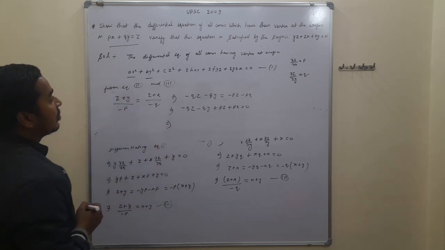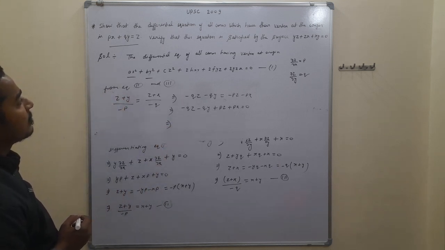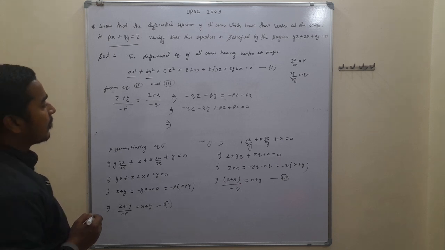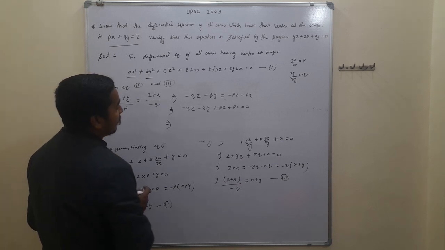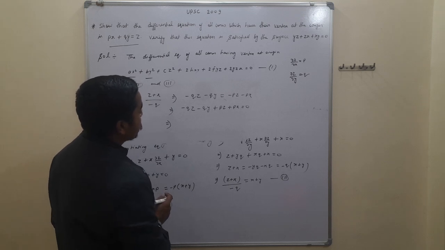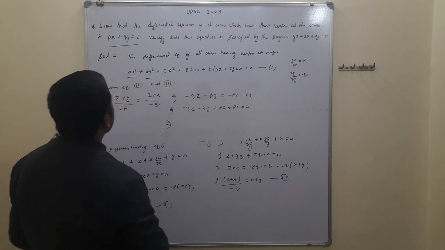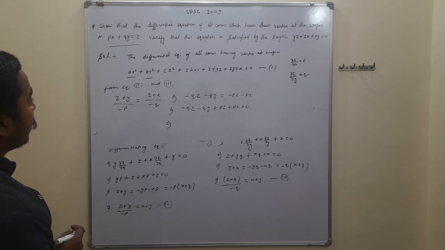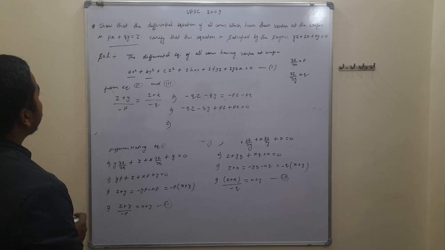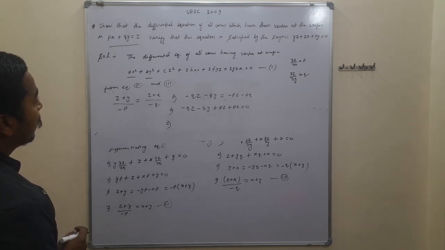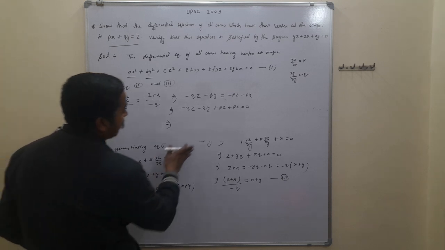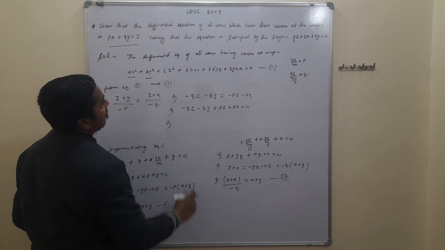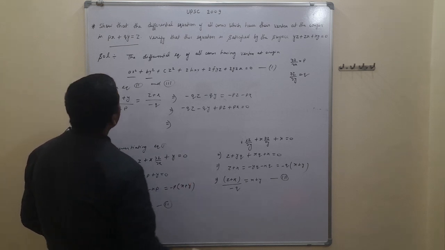Further, we have to verify that this equation is satisfied by the surface. So we can also write px plus qy, and once again write that it is satisfied by the given surface.